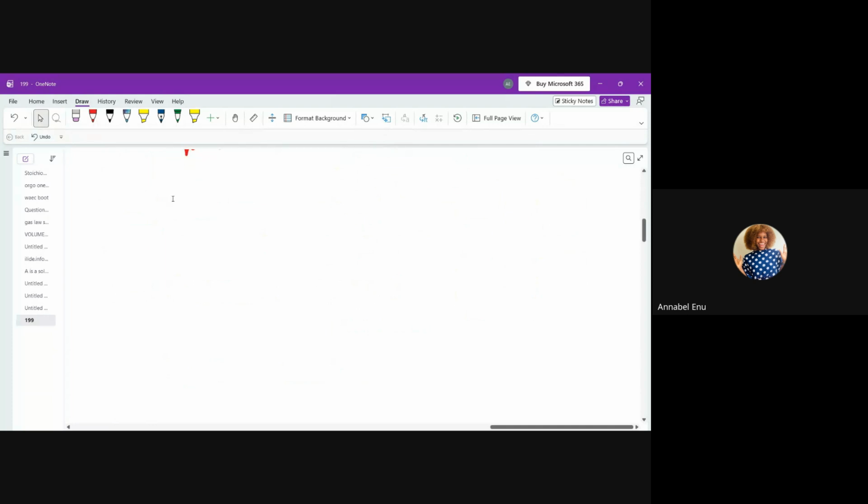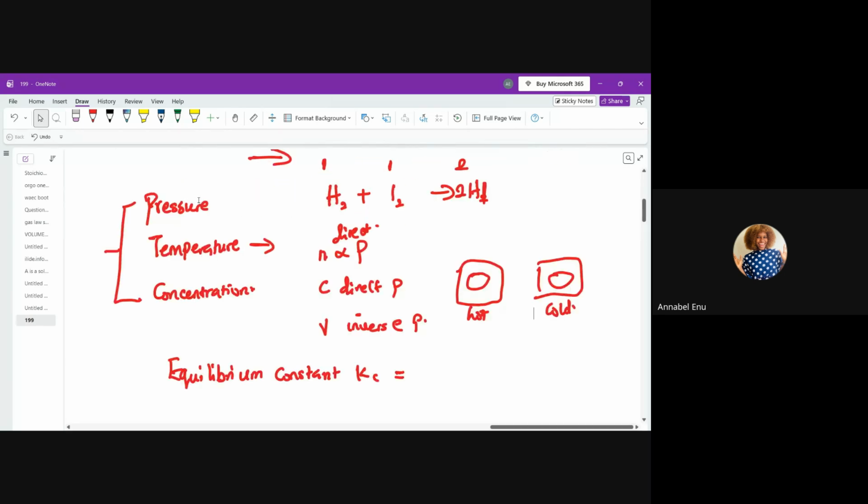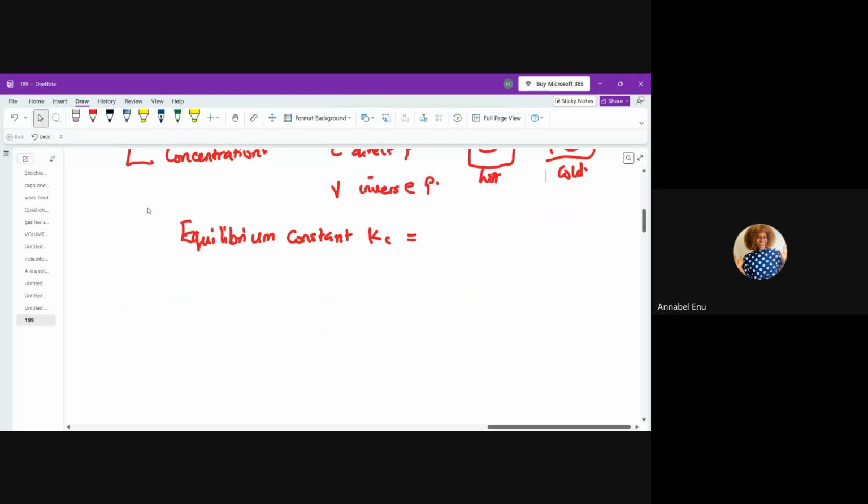Now another thing we will go into details about different aspects. Okay, another thing we should take note of is, how does each of these things affect it? Now in terms of pressure, let us talk about pressure.